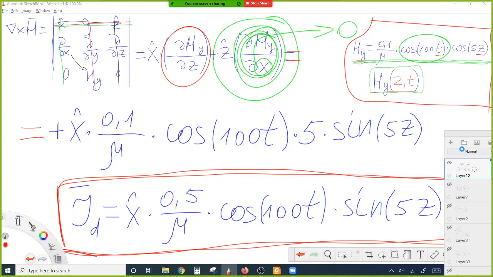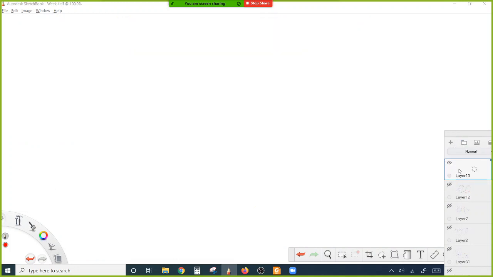Okay, the next part of the problem. So we said that JD is equal to the derivative of the electric flux density, sorry, the electric flux density by t.